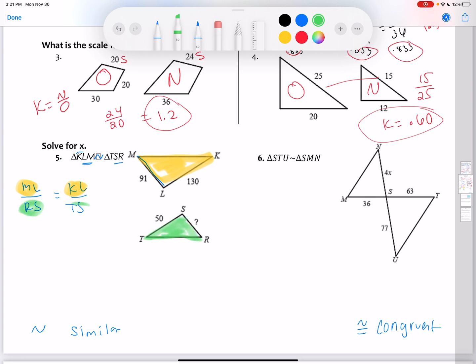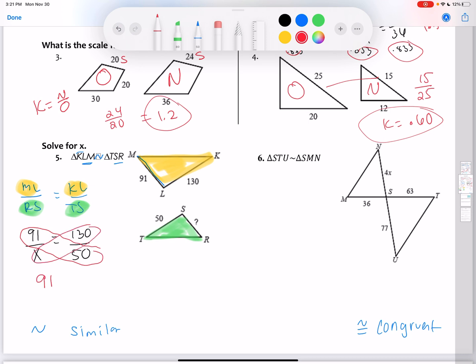So now that I've kind of matched, I can go ahead and fill in the gaps to see what I need to solve. So ML is 91 over RS, which is X, KL 130, and then ST or TS is 50. So how do we solve from here? Maybe before you've seen the butterfly, but we're going to cross multiply.